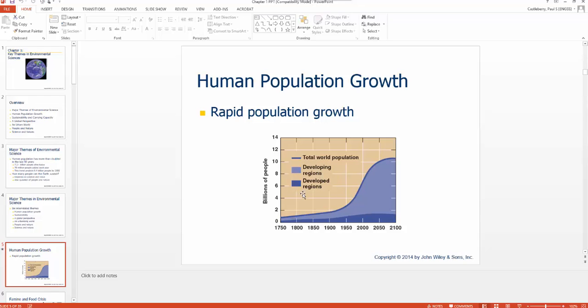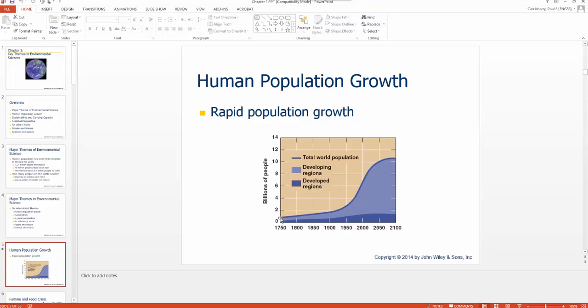Now this line here at the top of the light purple is the combination of the developed regions and the developing regions. So if we go back to 1750, we saw that developed regions of the world was roughly about, if this is 1 million here, probably about 250,000 people that lived in developed regions.